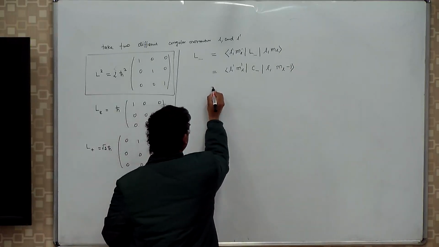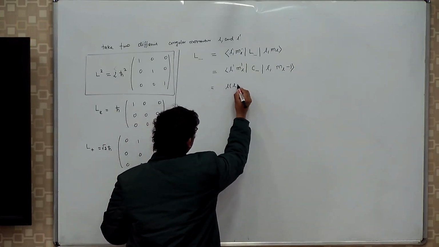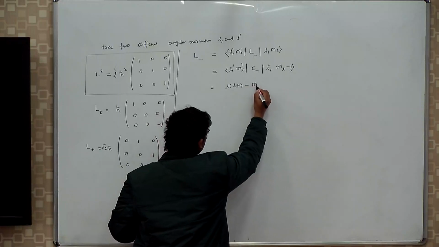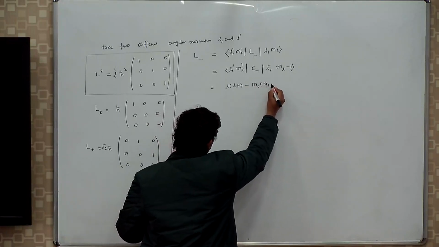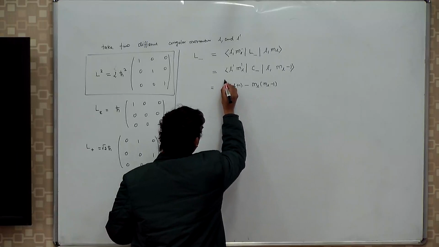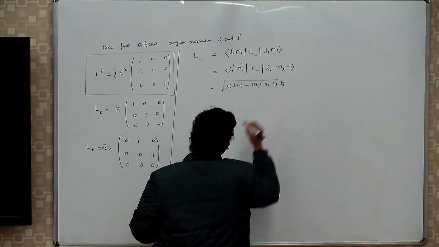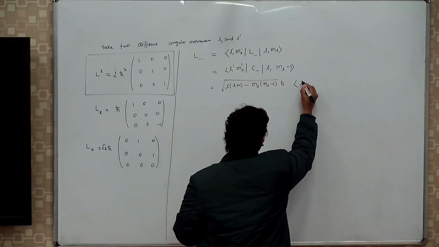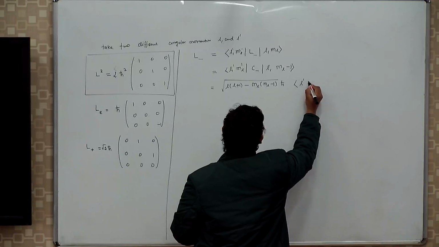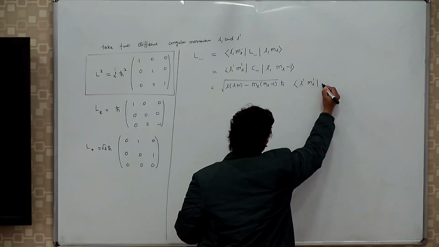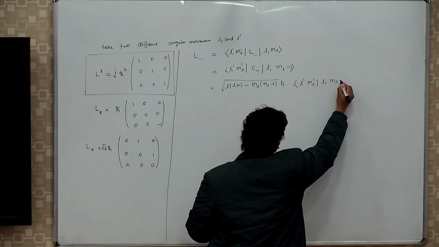Then the value of C minus is nothing but square root of L into L plus 1 minus mL into mL minus 1, ħ, then inner product between l, mL dash and l, mL minus 1.